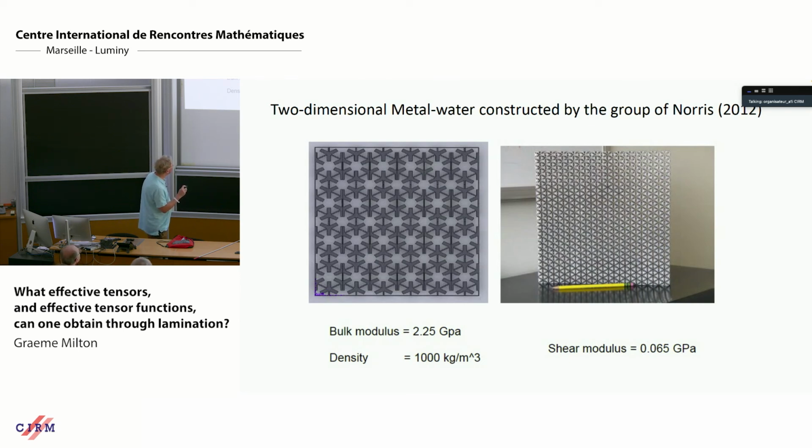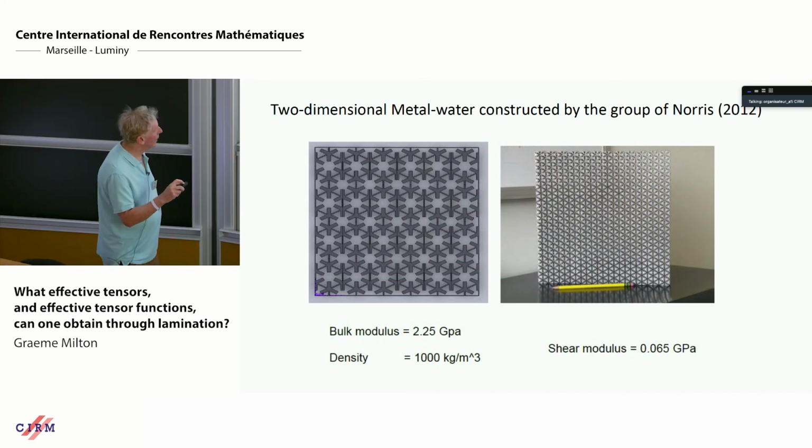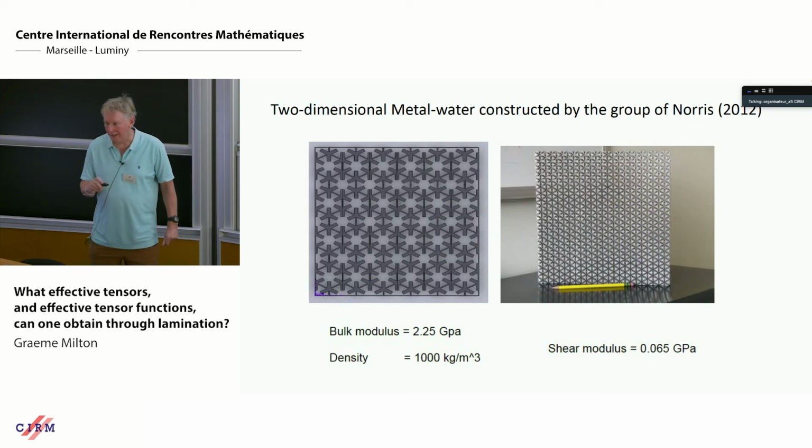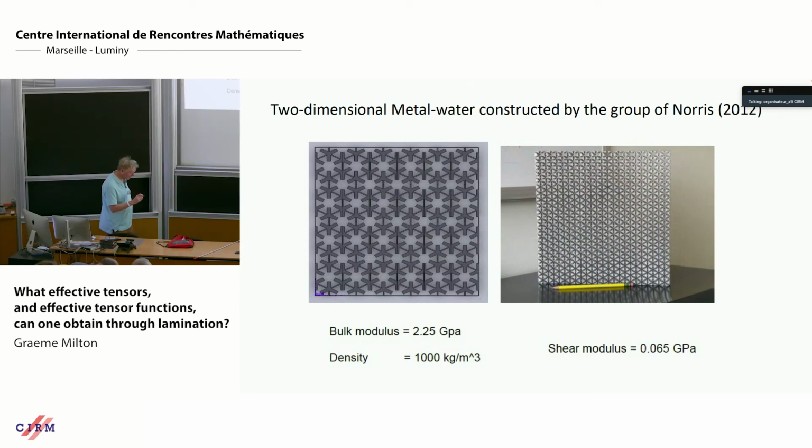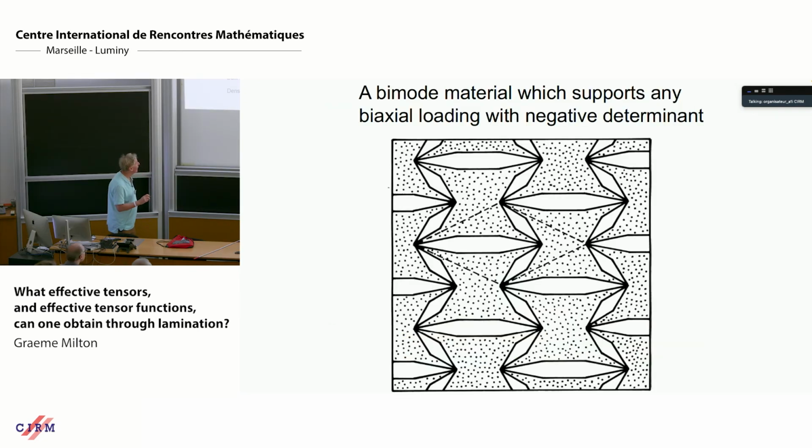Basically it's this structure here, which is one of these bimode materials with inclusions like this, and it turns out that this has the density of water and the bulk modulus of water too, and a shear modulus which is very, very small, like the shear modulus of water as well. And so it's basically invisible in water.